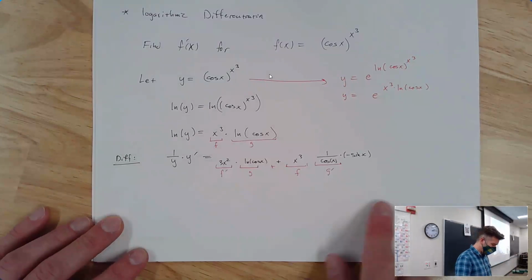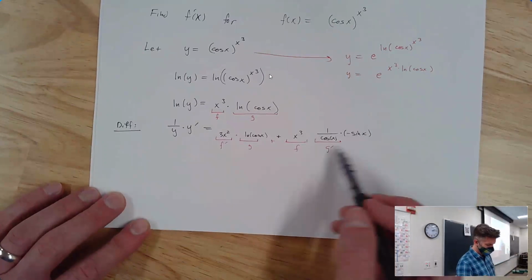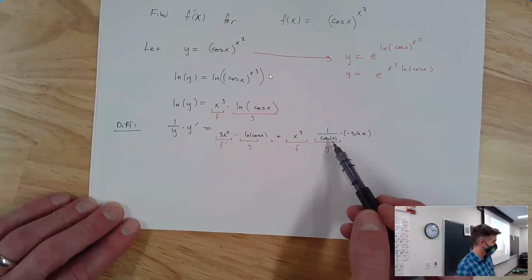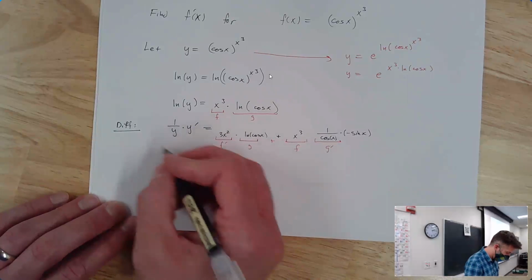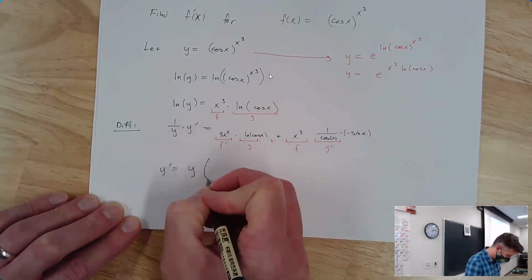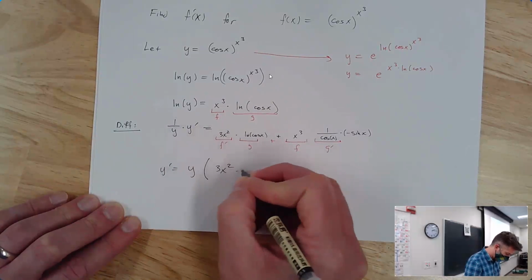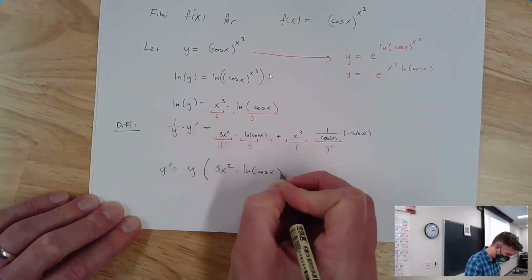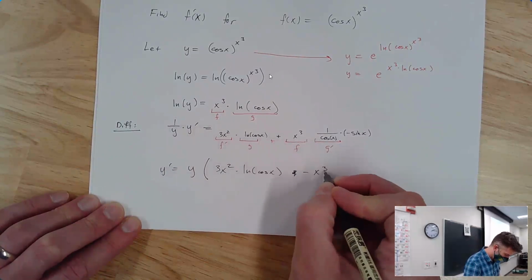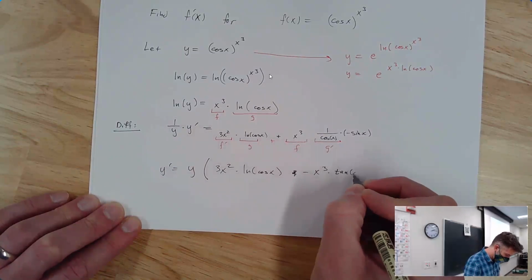Typically, we simplify this a little bit if we can. I'm going to write this part here as negative x cubed times tangent of x. But I'm also going to multiply both sides by y. So y prime is going to be y times 3x squared times natural log of cosine of x minus x cubed times tangent of x.